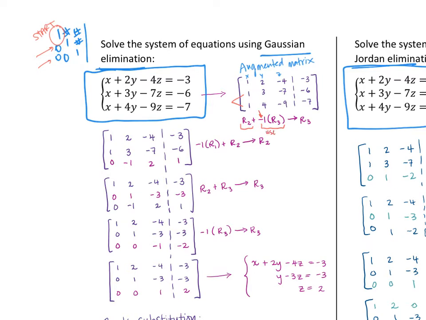You're not actually changing that sign. You're just going to use it and then add. So it's like 2 steps in 1. So if I take row 2, I'm going to do a little side note of that action here. 1, 3, negative 7, negative 6. And I want to add negative 1, negative 4, positive 9, 7. So that was just taking that third row and changing the signs.